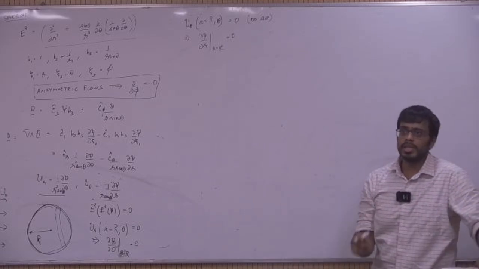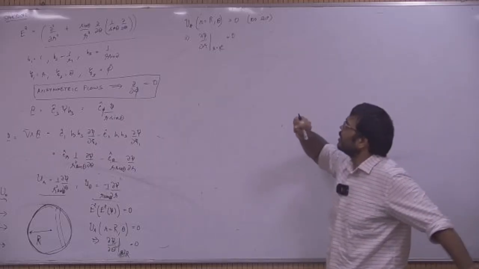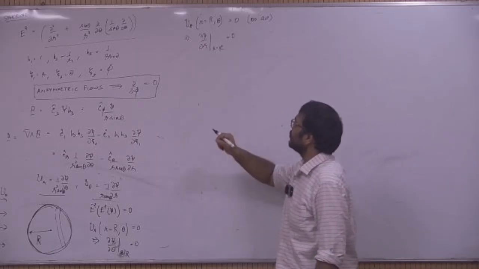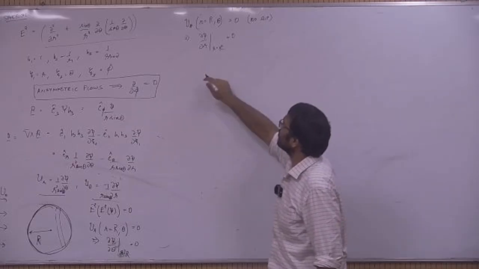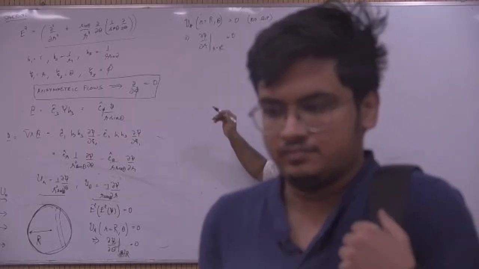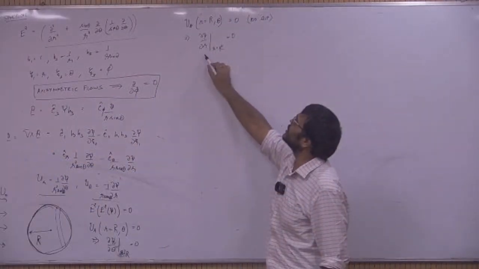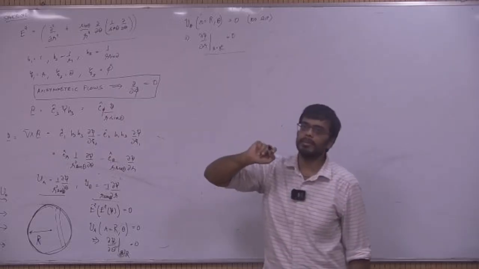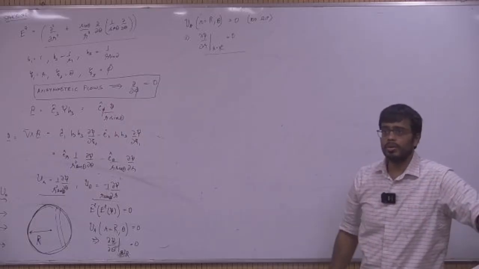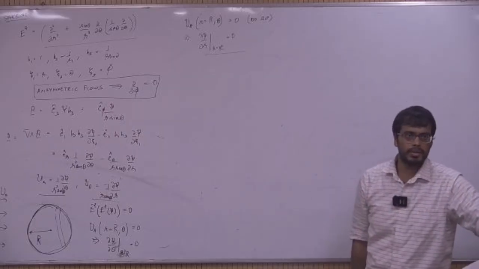Now there is an important point here. Although from JEE cleared students this is not expected, usually students say, oh, del psi by del r at r equals capital R is 0, so psi is 0, or psi is a function of theta only.